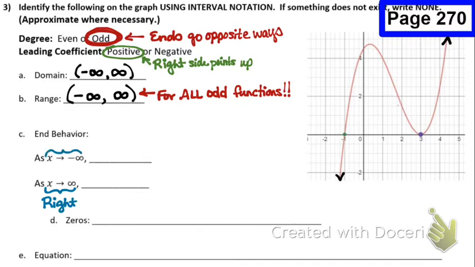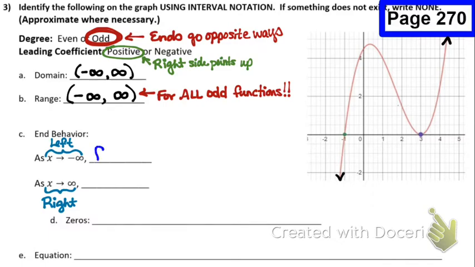Negative numbers are found on the left side of the x-axis. So the first part of this math sentence is just telling me which side to look at. As x approaches negative infinity, as I look on the left side of the graph, what is the graph doing on the left? Going down.